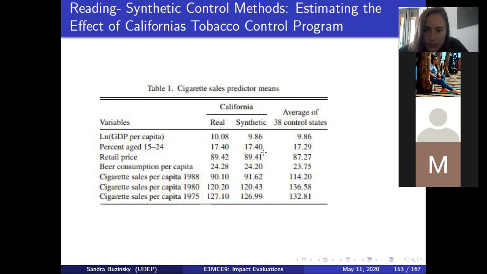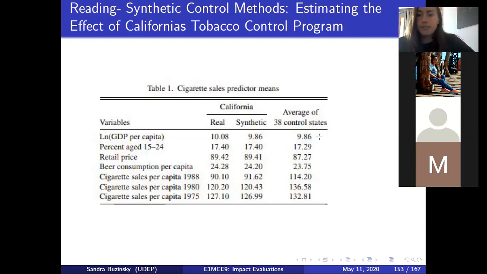Okay, so you can see by giving them specific weights, how does it look? They look a lot more similar than if you were to compare real California to just an average of all 38 control states, right?